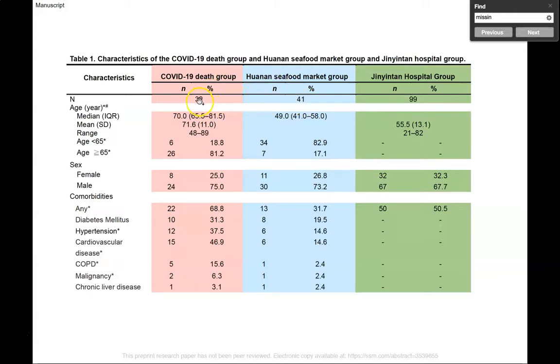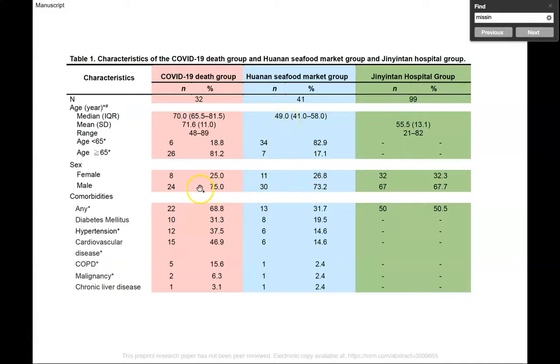So here are our cases, and here's the control group. The mean age of the cases, of the people who died, the average age was 70, or 71.6. The median was 70. The median of the seafood group was 49.